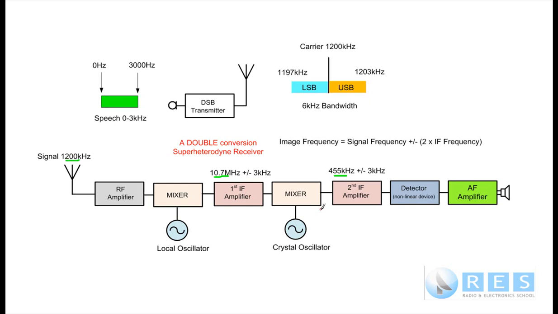Sensitivity is the ability of a receiver to detect weak signals, and selectivity is the ability of a receiver to reject unwanted signals. But what is our 10.7 MHz IF going to do for us in terms of image? Remember, the equation for image is image frequency equals the signal frequency plus or minus twice the IF. Well, twice the IF is now 21.4 megahertz.